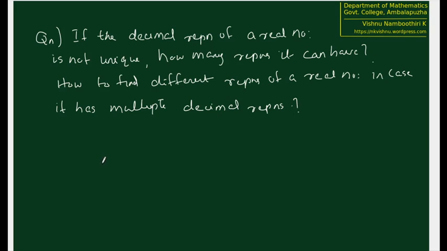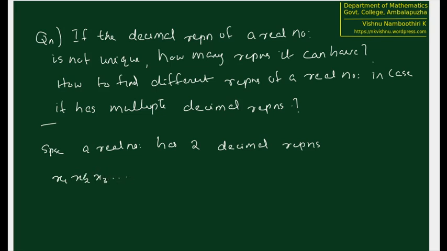Suppose that we consider a real number with more than one decimal representation, and suppose that in the first representation the digits are represented by x1, x2, etc., and in the second representation we denote the decimal digits by y1, y2, etc. So suppose a real number has two decimal representations, one consisting of digits x1, x2, x3, etc., and of course a decimal point appears somewhere, we don't know exactly where.